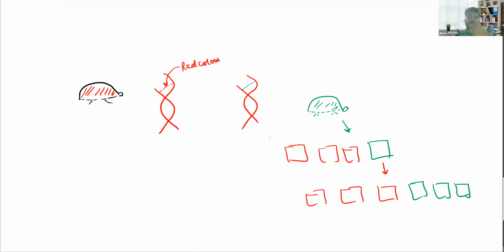Now the red color is not giving any benefit for survival. The red color can be easily visible to the crow and the crow can easily eat it. But the green beetle gets an advantage, which we call camouflage advantage. Are you getting my point?